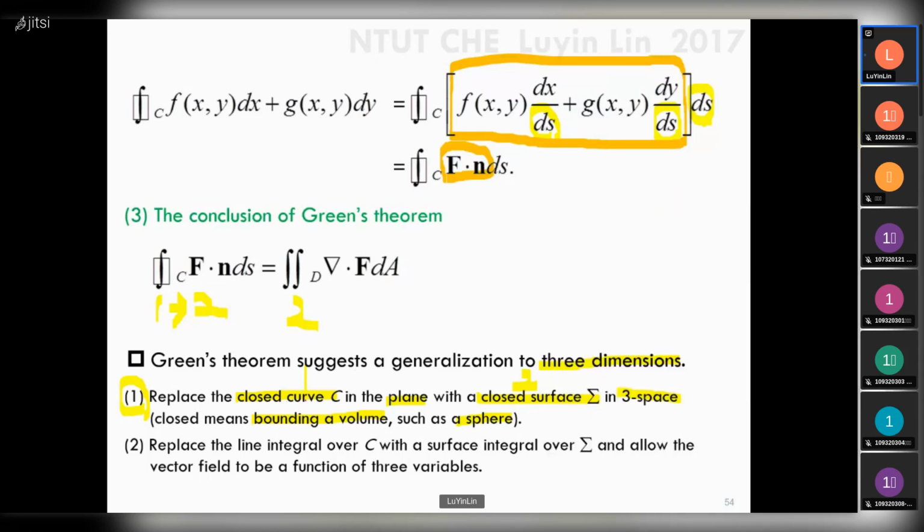For the closed curve C in a plane, if you have a closed curve C, you will have an area inside. But it's hard to draw a closed surface, so maybe it's like a cube.